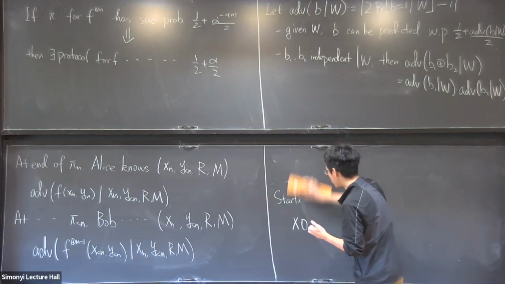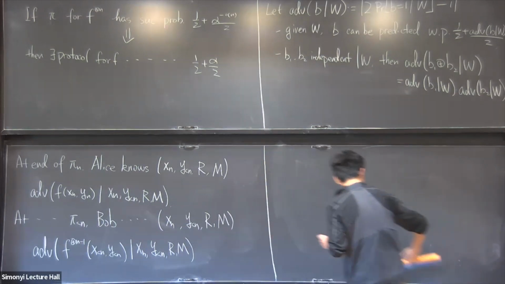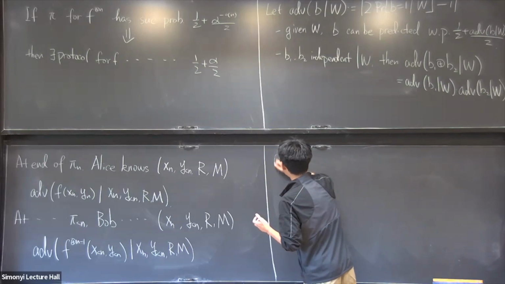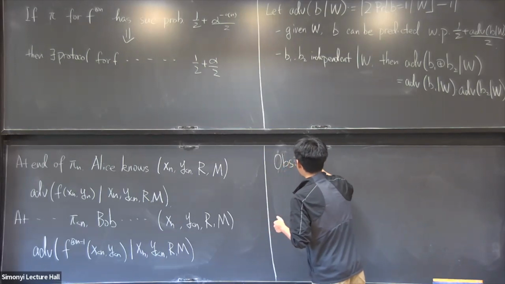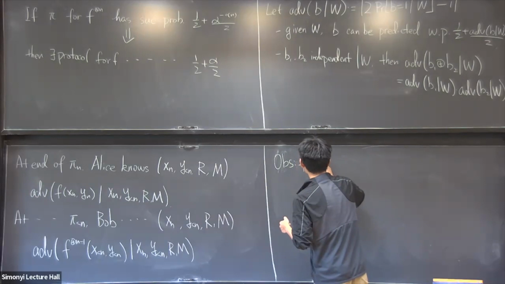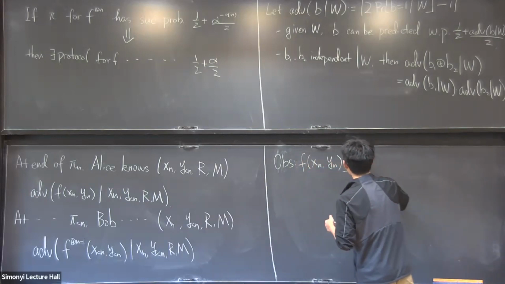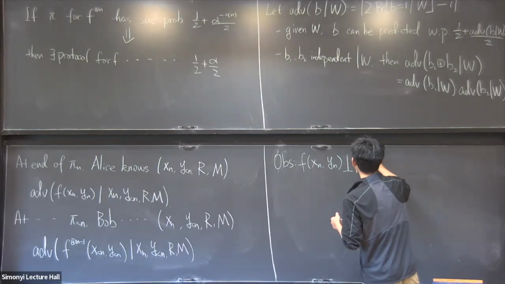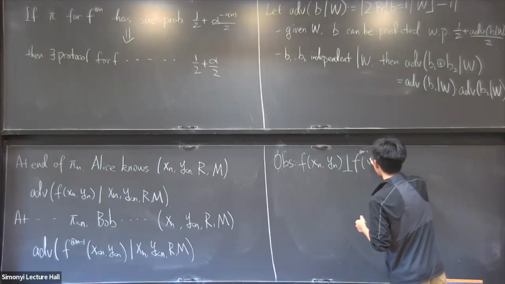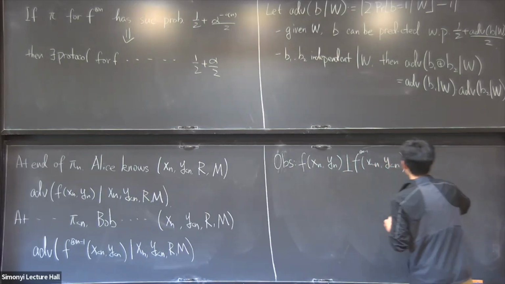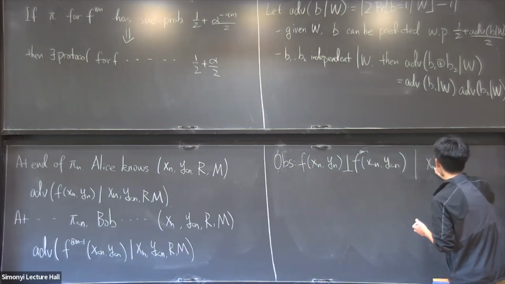So it's an observation that in the same distribution, these two bits, f applied on the last coordinate and f to the n minus 1 applied on the first n minus 1 coordinates, are independent conditioned on these four things.